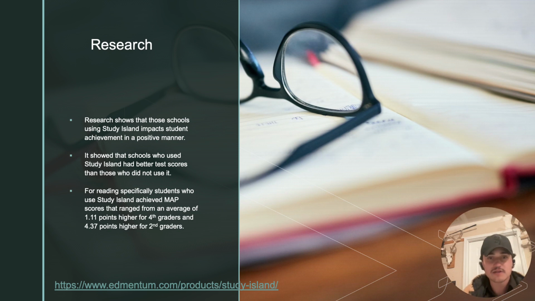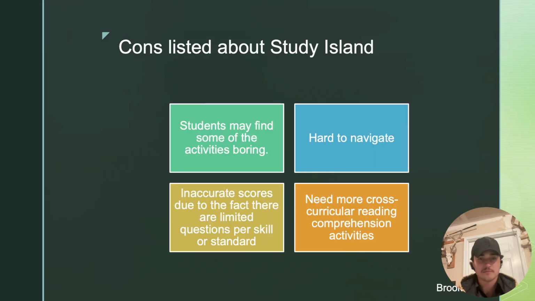For reading specifically, students who use Study Island achieved MAP scores 1.11 points higher than fourth graders and 4.3 points higher than second graders. So that just shows that people that use it are higher on the MAP testing.